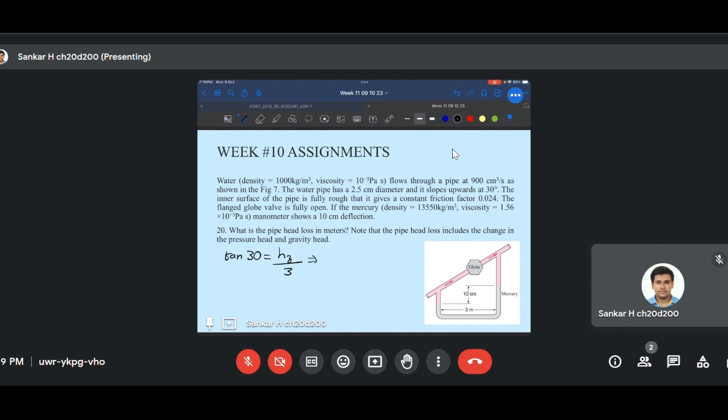So hz is equal to 3 times tan 30. Tan 30 is basically 1 by square root 3, which will give the answer of square root 3, which is 1.73 meters.